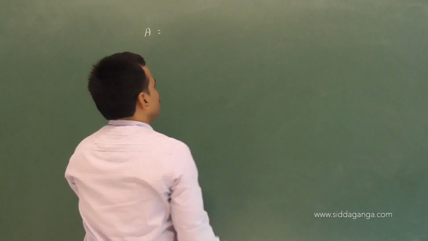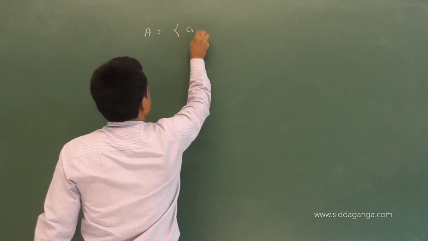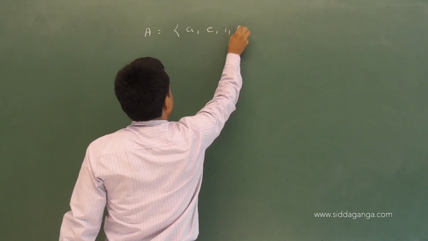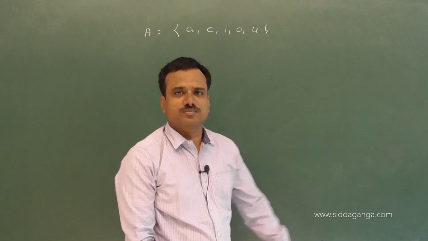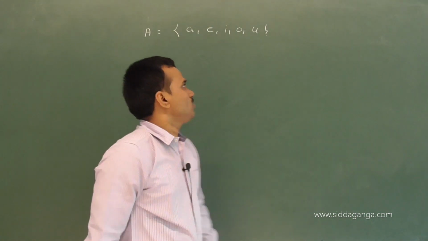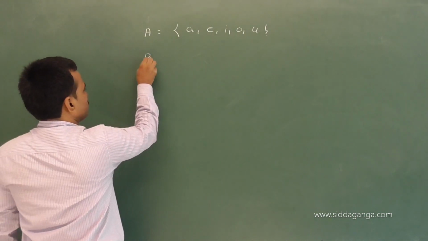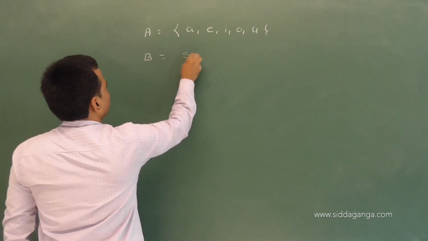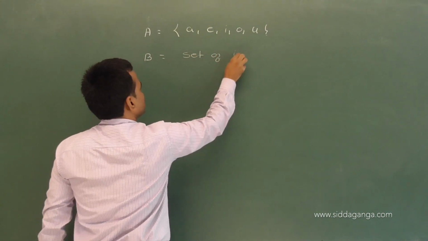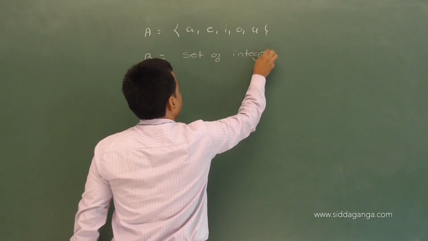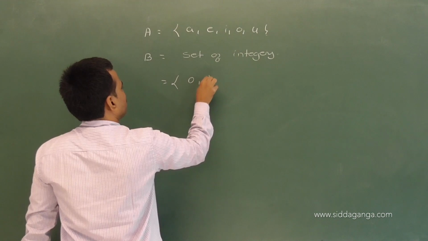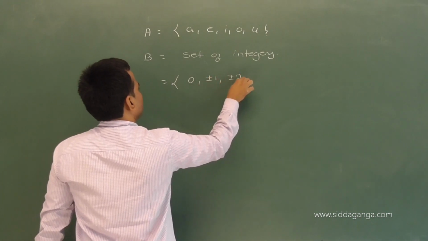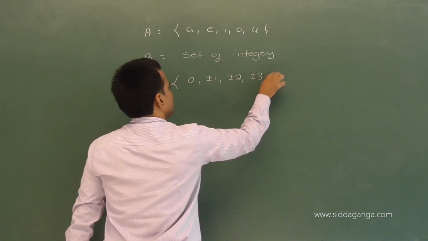Set A is equal to vowels, the five vowels of the English alphabet. B is equal to the set of integers: 0, plus or minus 1, plus or minus 2, plus or minus 3, plus or minus 4.